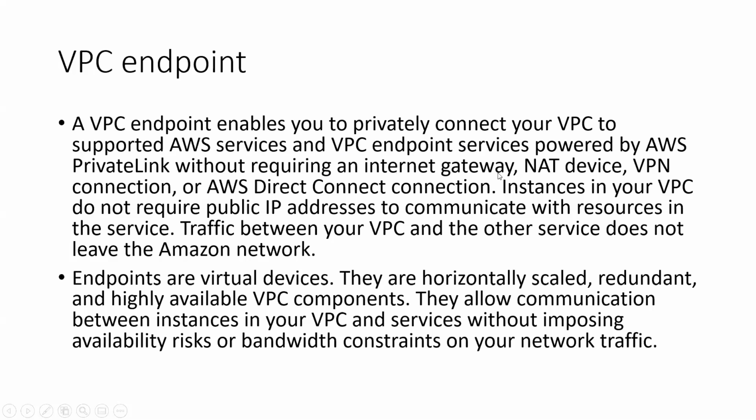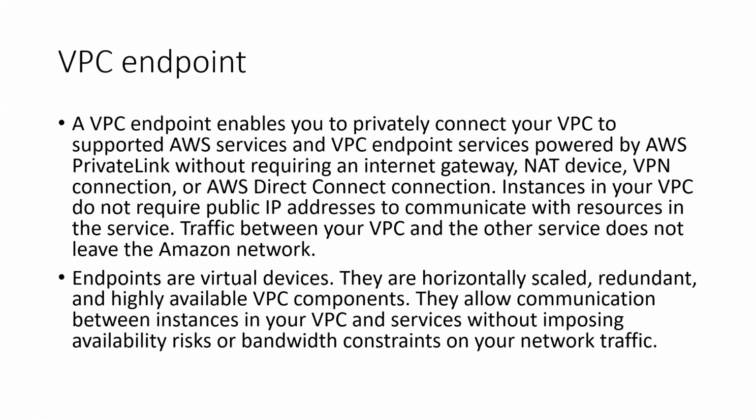You do not need an internet gateway, NAT device, VPN connection, or AWS Direct Connect. Instances in your VPC do not require public IP addresses to communicate with resources in the service. So your DB instance, which obviously doesn't have a public IP address, will be able to communicate with S3 and with your DynamoDB. Traffic between your VPC and the other services does not leave the Amazon network.